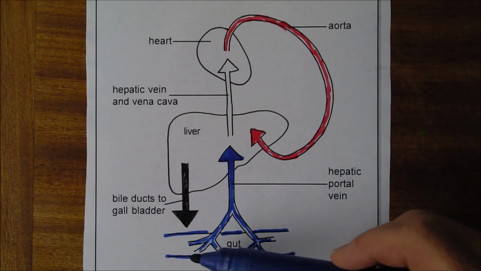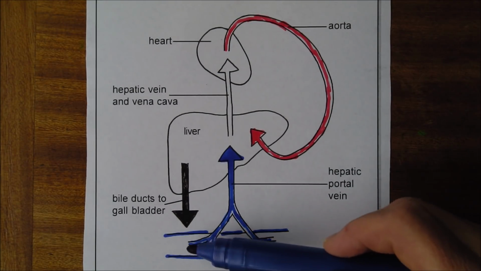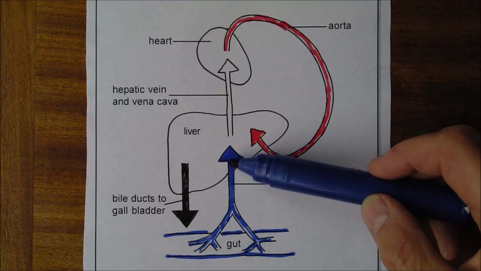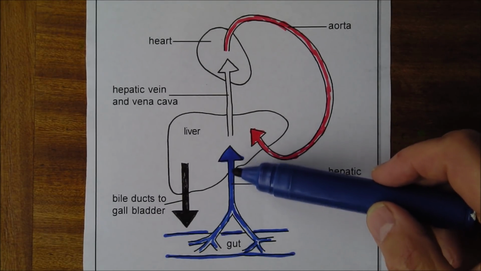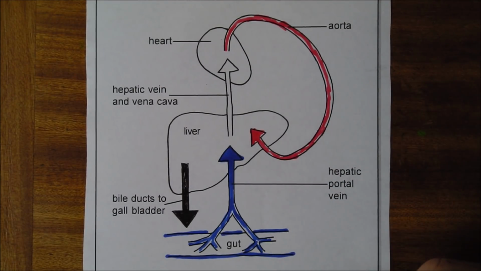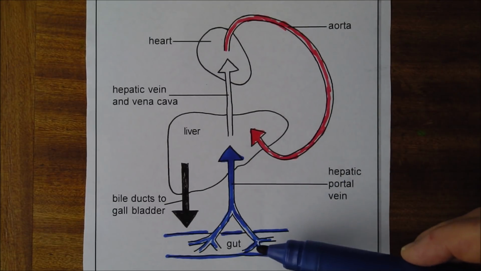So why is this arrangement as it is? Well, the gut contains lots of toxins derived from bacteria, and even some bacteria themselves could escape into the blood supply from the gut. That's why in the liver there are numerous hepatic macrophages to phagocytose any bacteria which manage to escape.